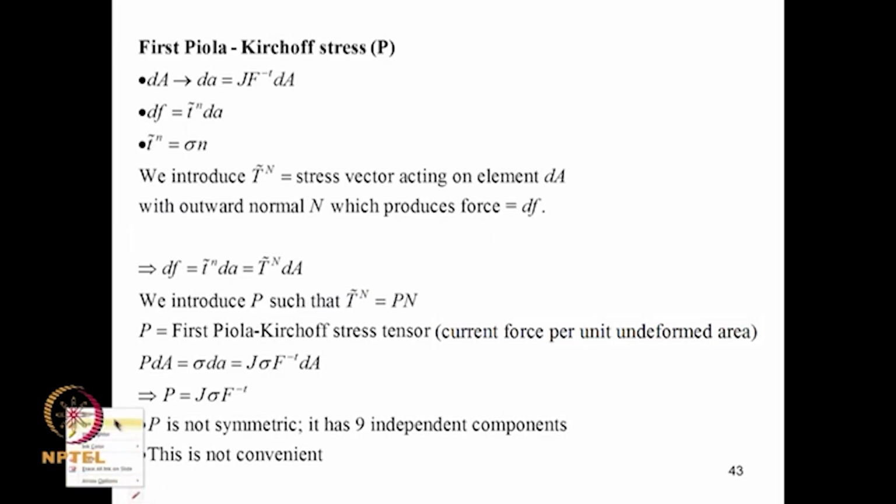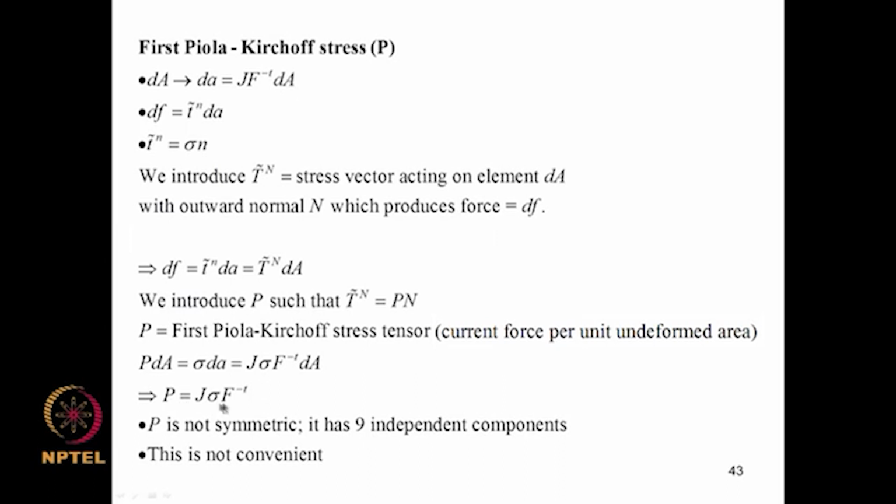So we need not know the deformed configuration to work with the first Piola-Kirchhoff stress. There is a problem here, and you can relate the first Piola-Kirchhoff stress to the Cauchy stress through this relation, using the relation between da and capital dA as shown here.